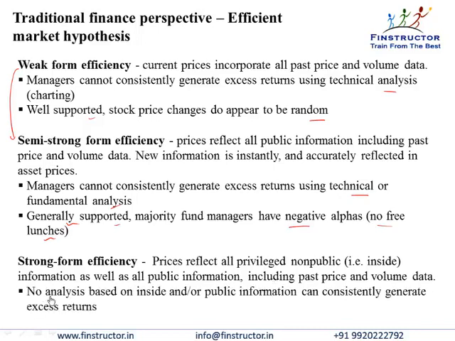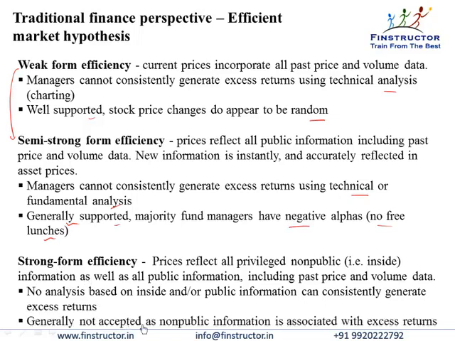So this theory says that no analysis based on inside or public information can generate excess returns. The strong form of market efficiency is generally not supported and generally not accepted, as we have seen that trades involving non-public information are associated with excess returns.